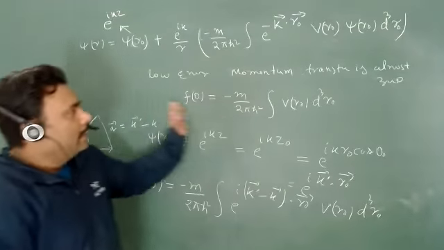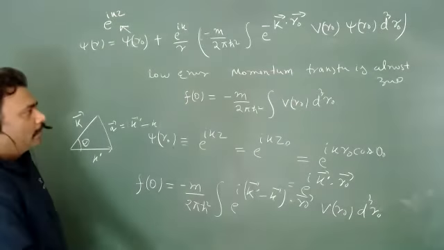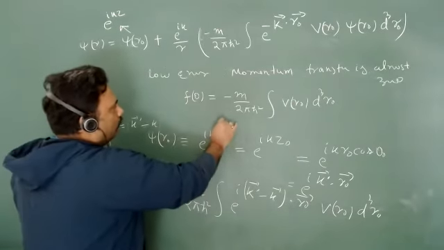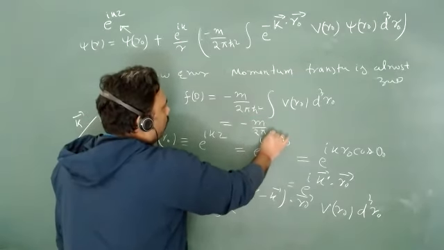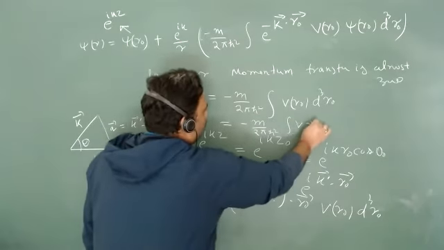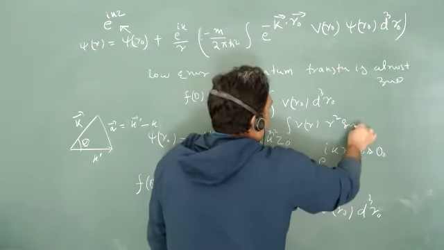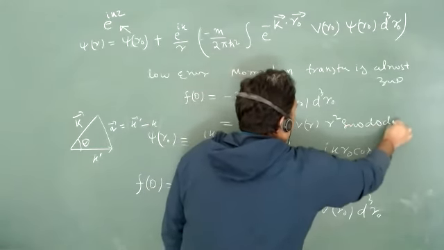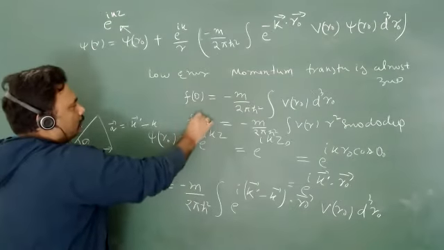And now every r is gone, only we have r naught, so we can write it in a generalized form. And what will be this generalized form? That will be minus m upon 2 pi h cut square V(r), and d cube r is r square sine theta d r d theta d phi. This is your f theta for the low energy.